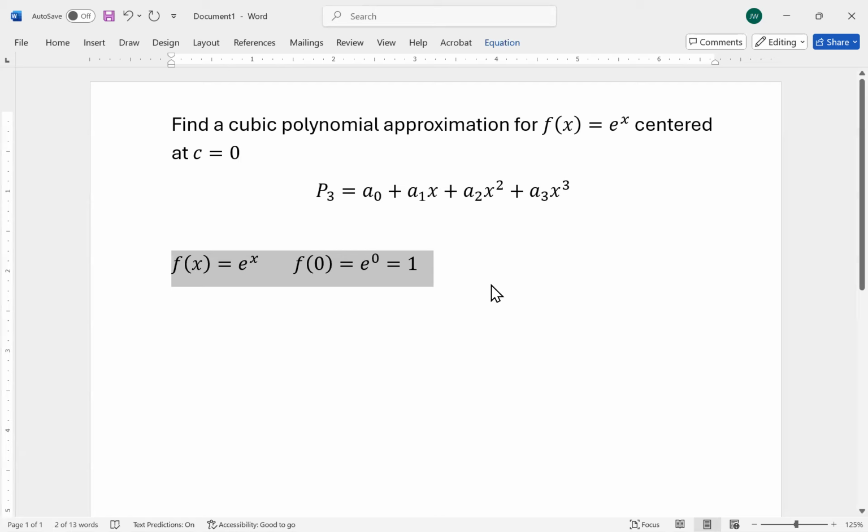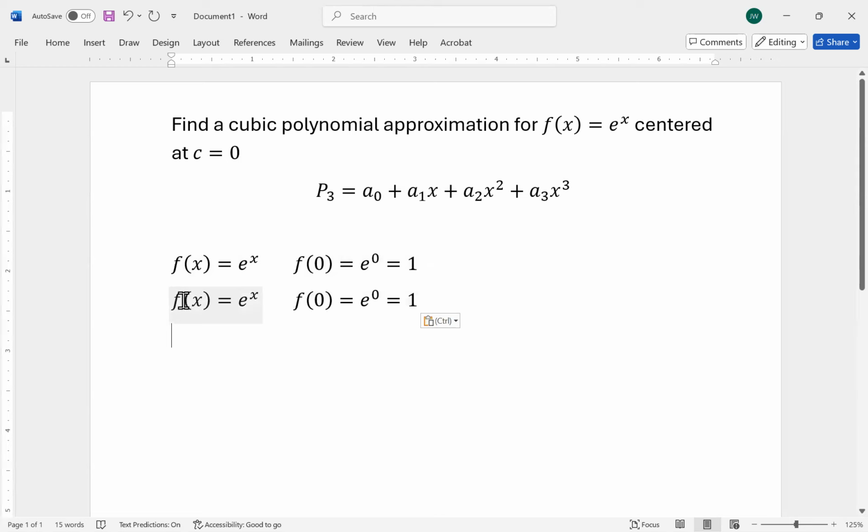Once I've done that, then I go and take the derivative of my original function. Now this one's very nice because the first derivative is also e to the x. When I plug in 0 into the function, I get 1.